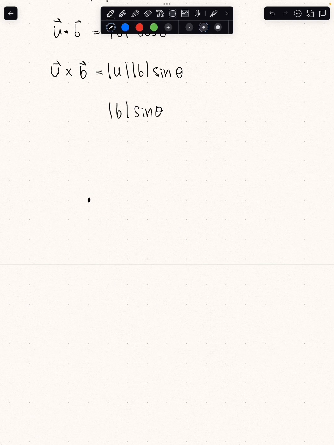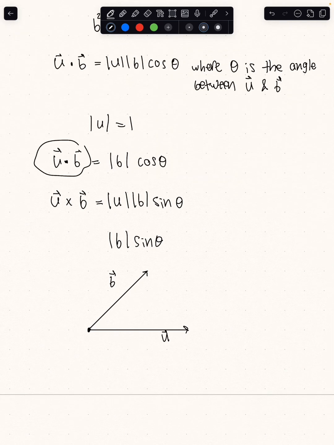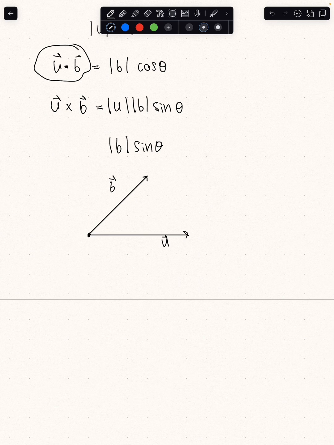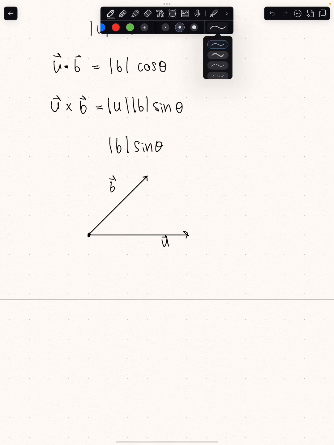If we have a unit vector called U, and then we have another vector B. The U dot B term is simply going to be the amount of B inside U. So I think first it'd be worth it to draw out the U cross B term.